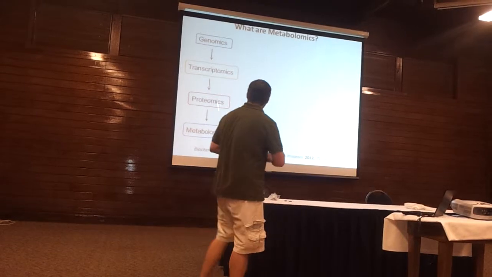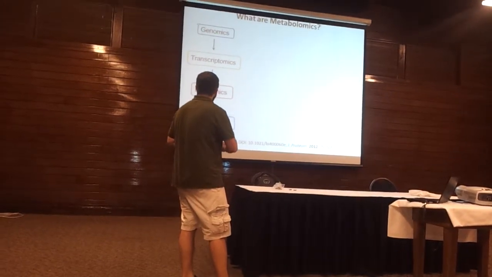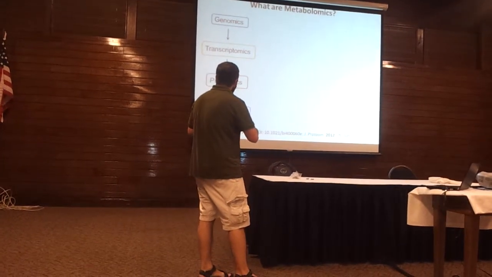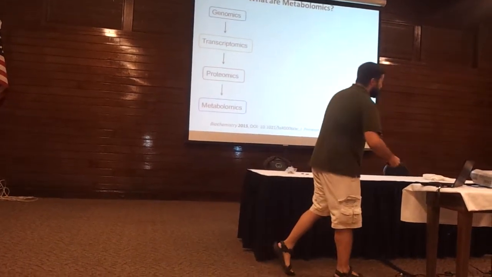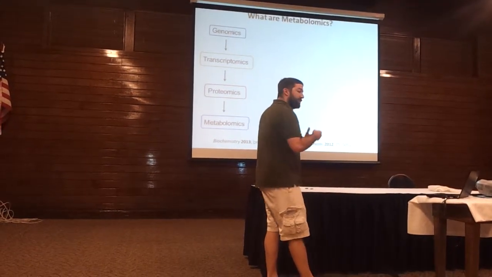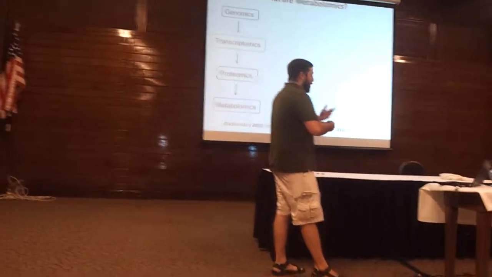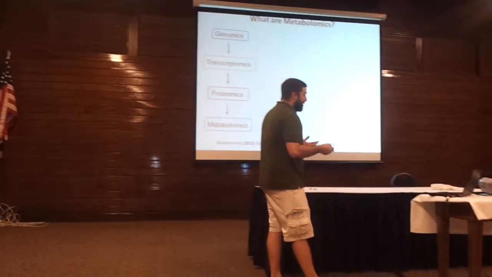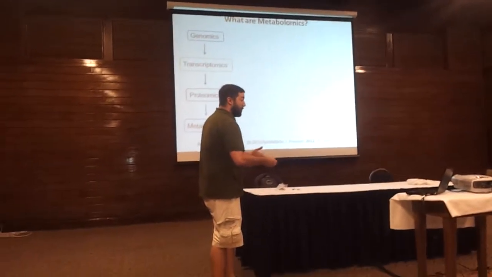And so I kind of think of this as increasing in complexity going down this way. A genome sets the boundaries on what's possible for a cell, and then through transcribing certain genes and alternate splicing, you translate, you make proteins, you can post-translationally modify these proteins to give them activities, but at some point you generate molecules that catalyze chemical reactions.